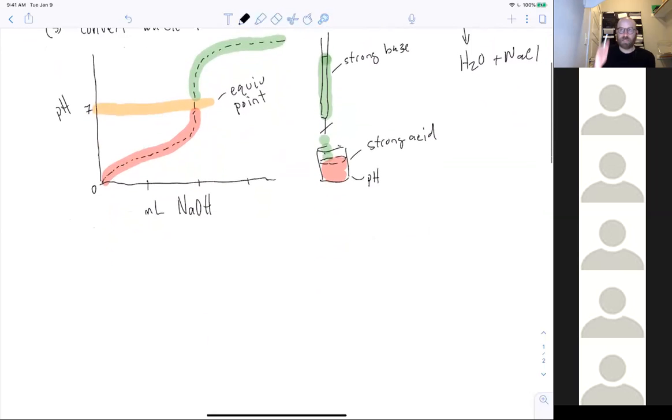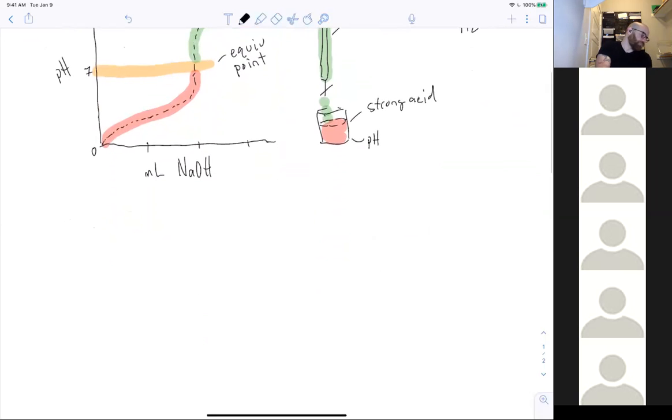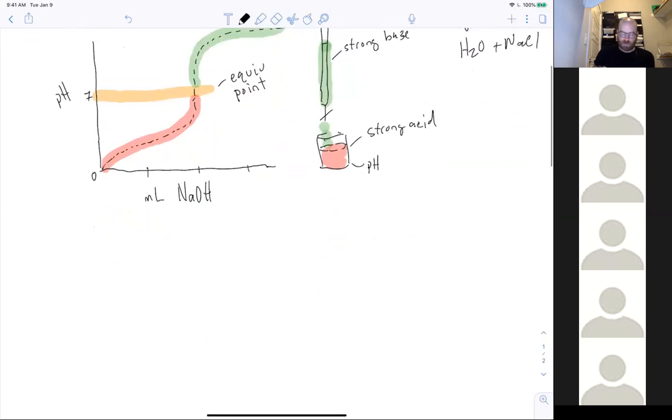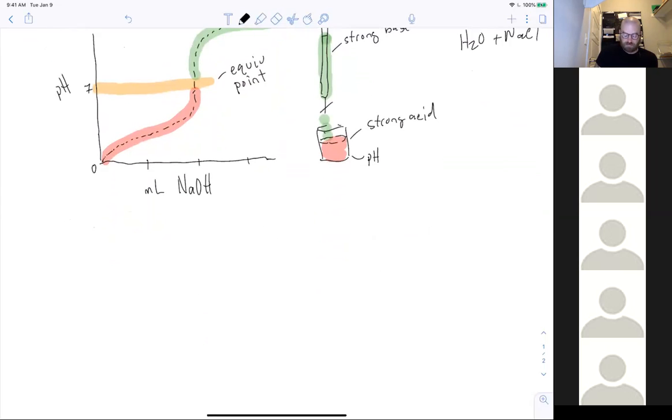Things get more complicated when we move on to weak acids and weak bases. There's a bunch of things that are confusing, but the main thing is, let's take a look at this. This is a strong acid, strong base.